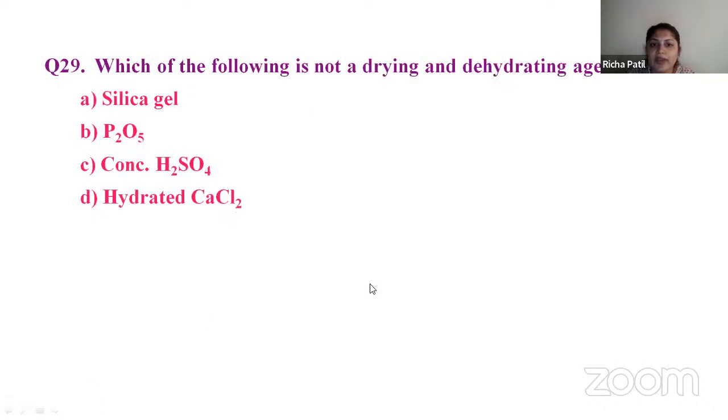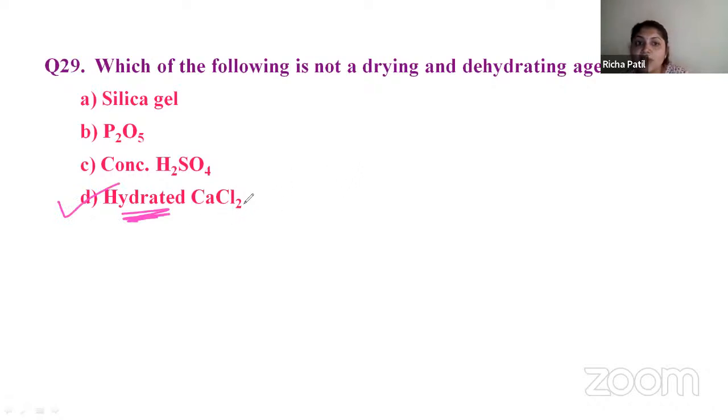Which of the following is not a drying and dehydrating agent? Silica gel, P2O5, concentrated H2SO4, or hydrated calcium chloride? Hydrated calcium chloride is the answer.